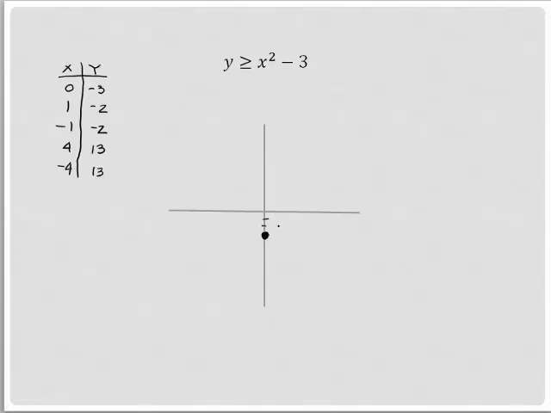That's going to be about here. About here. And then we got -1, -2, okay. And then we've got this great big number. Let's see, 1, 2, 3, 4, and we're way up here somewhere. And we're going to be way up here somewhere with -4.